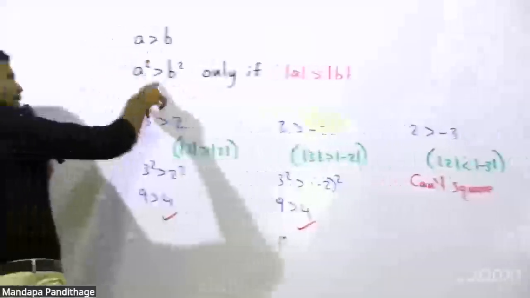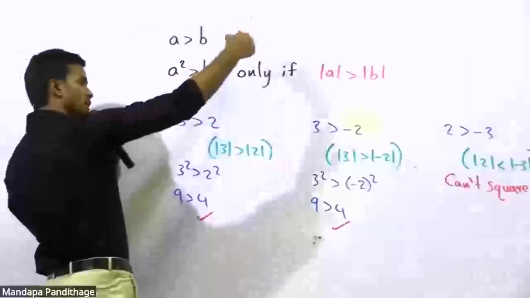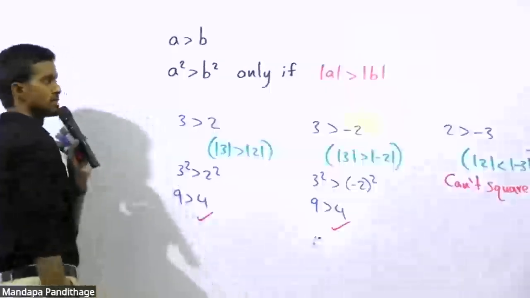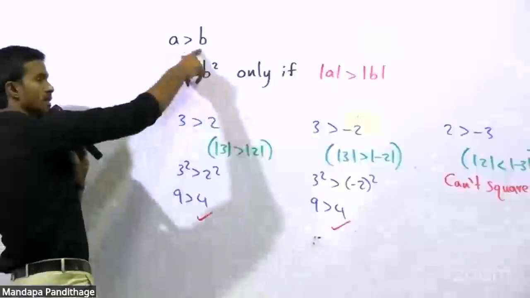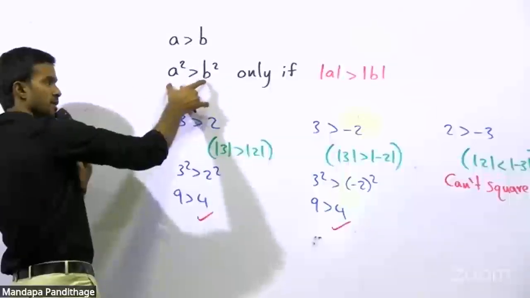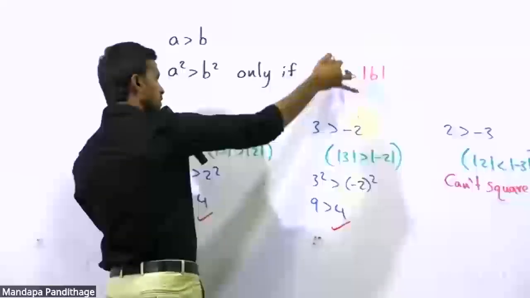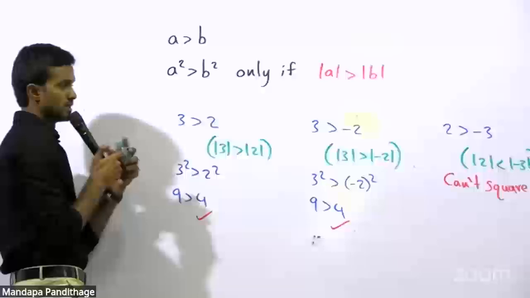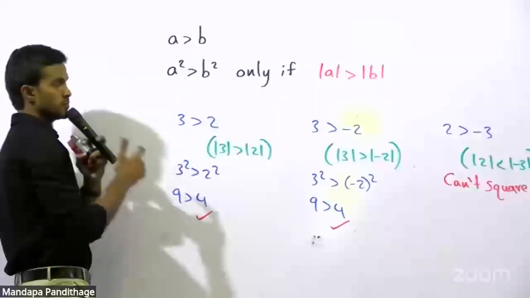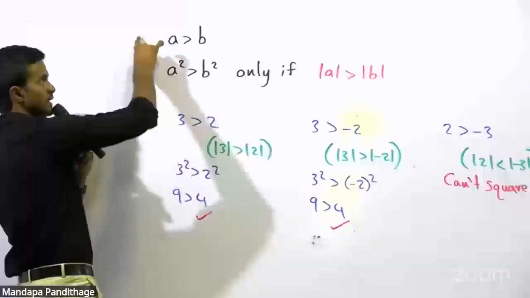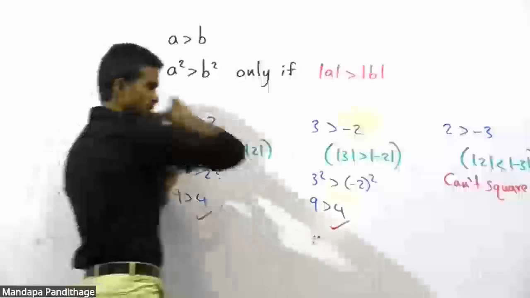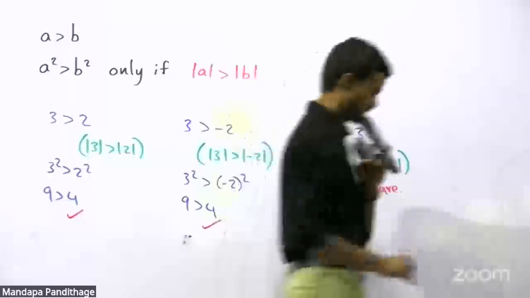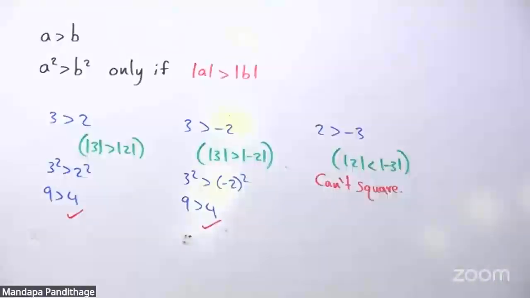You can square an inequality only if the moduli also satisfy the same inequality. If A is greater than B, this can be written only if modulus A is greater than modulus B. Okay, so let's write that as the third point.